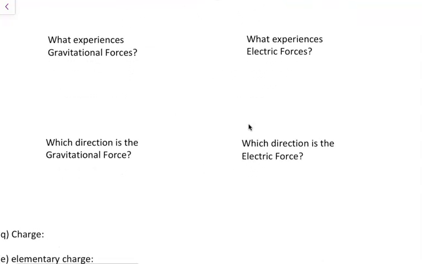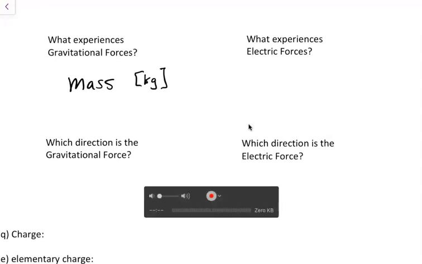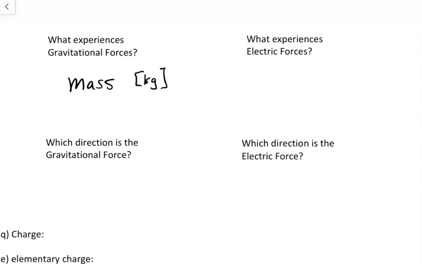First, the differences have to do with what experiences each force. Which experiences gravitational force? Well, we know mass experiences it, which we use in the units of kilograms. What about what experiences the electric forces? Well, that must be our charges, so we're going to call them protons and electrons.